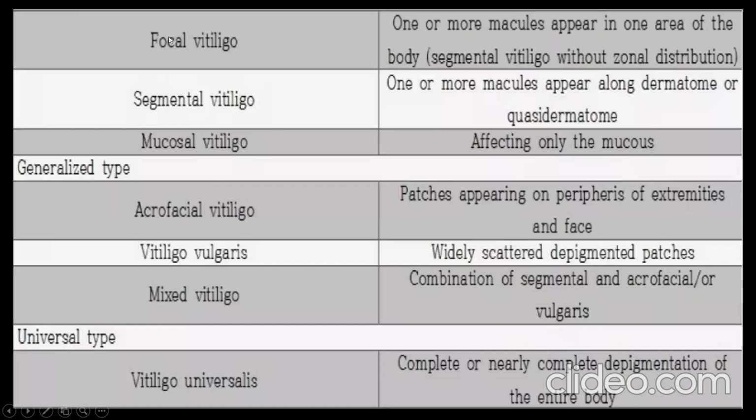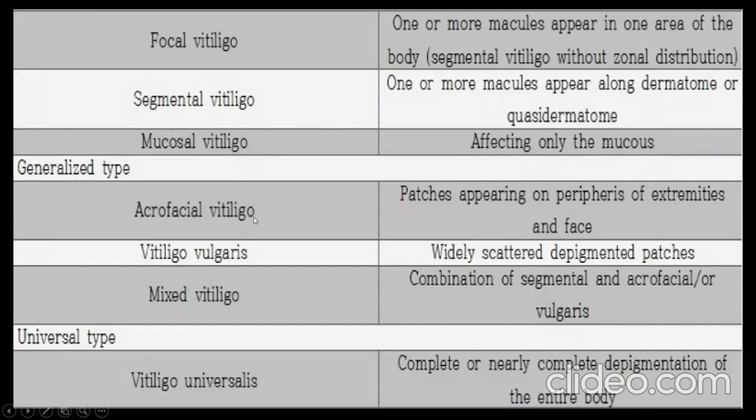Then in short again, focal vitiligo, one or more macules appear in an area of body. Segmental vitiligo, one or more macules appear along the dermatome or quasi-dermatome. Mucosal vitiligo affecting only mucous membranes.